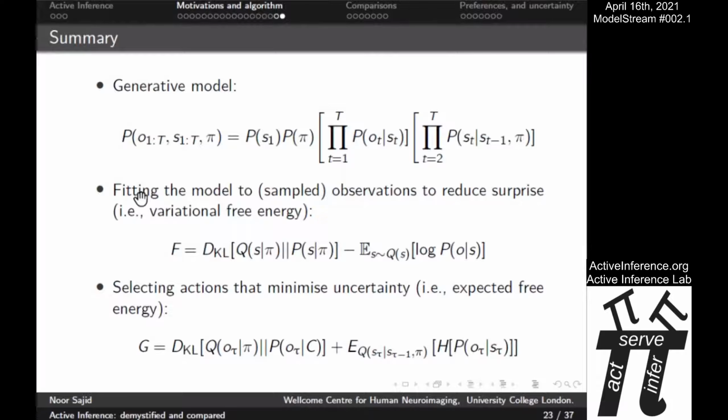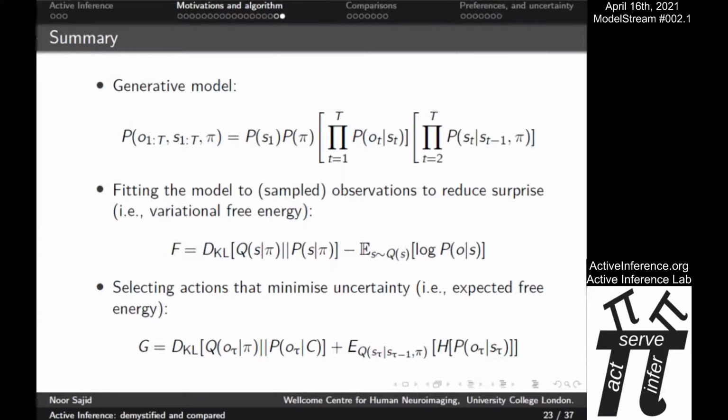And then once you have this generative model, the objective of the agent is to fit the model to sample observations to reduce surprise, and that is through variational free energy optimization. So this is the trade-off that we have between the complexity and the accuracy cost. And then the last part of this algorithm is to plan, so select actions that minimize uncertainty, that is the expected free energy.